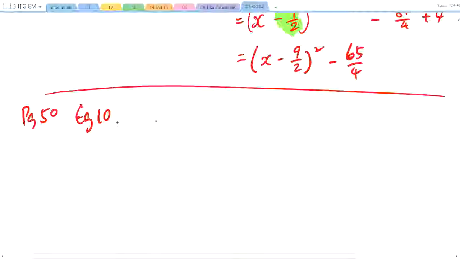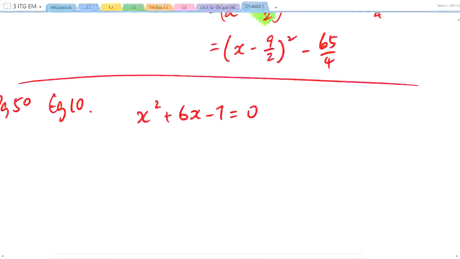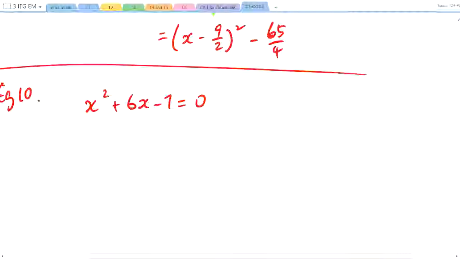Solve. Now you're told to solve x squared plus 6x minus 7 equals 0. I'll read the question. It says, solve it by completing the square. Is there any other way to do it without completing the square? What if I choose to do this?